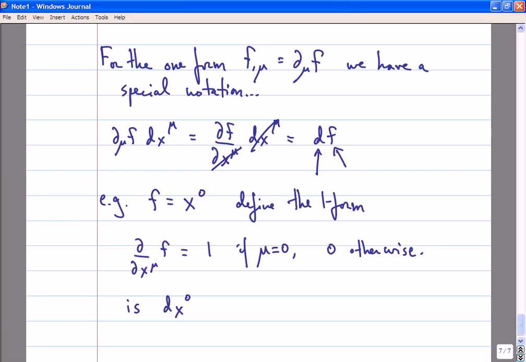So dx0 is a one form. I'm using an index-free notation where I'm not writing the index explicitly. If I were to write the index explicitly, I would write this as delta 0 mu dx mu. So it's the one form whose components are given by that guy in the x mu coordinate system.